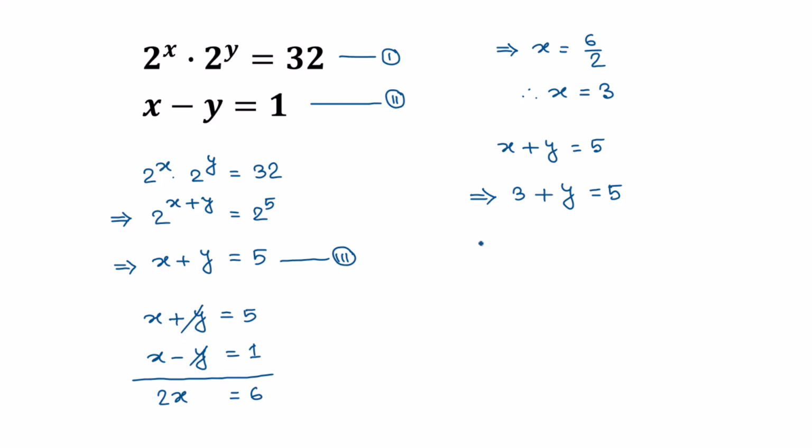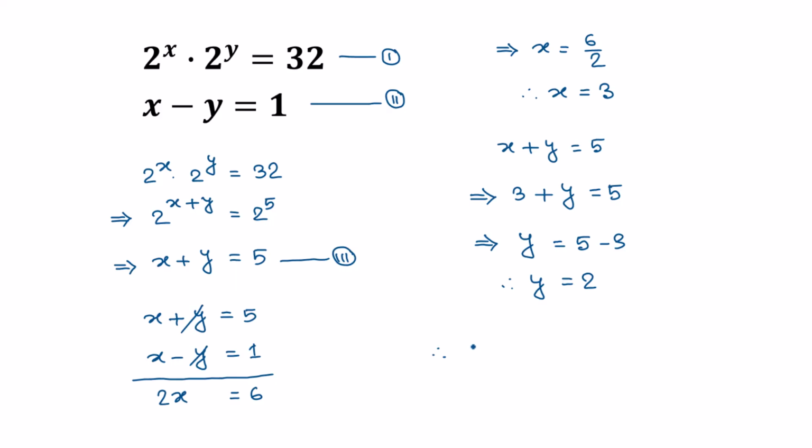Taking this 3 to the right side, we get y is equal to 5 minus 3, and we get y is equal to 2. So we have found x is equal to 3 and y is equal to 2.